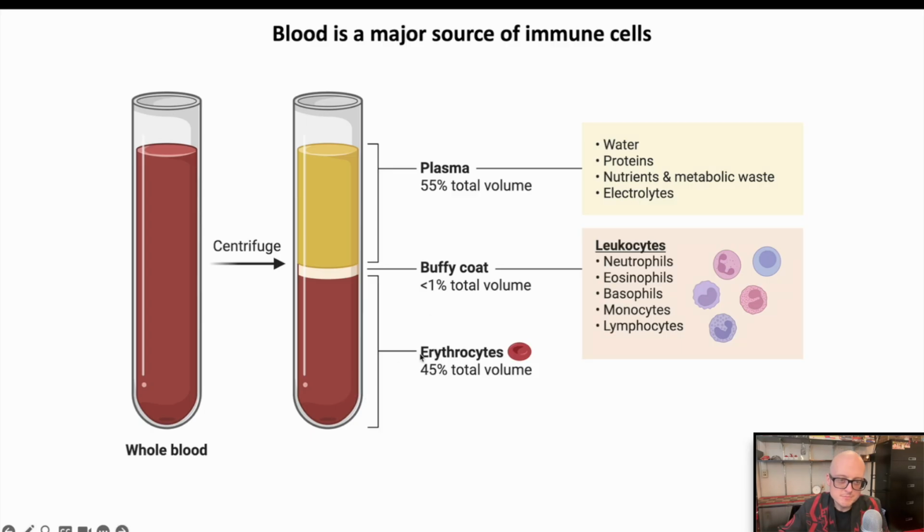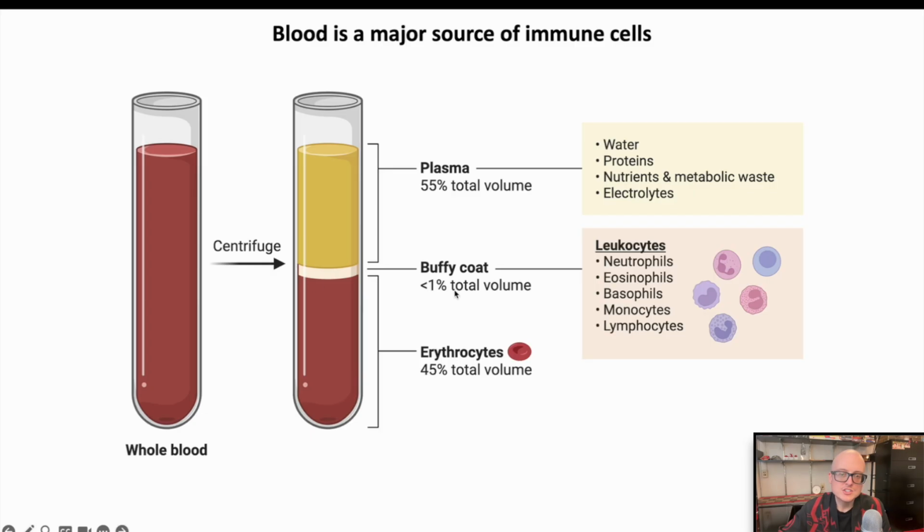Another major chunk, 45%, is what we call erythrocytes, or red blood cells, those cells that carry oxygen around the body and do that most classic function of blood that we think of.